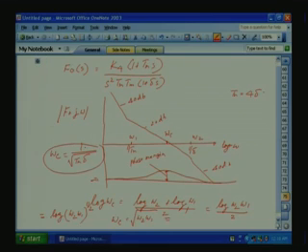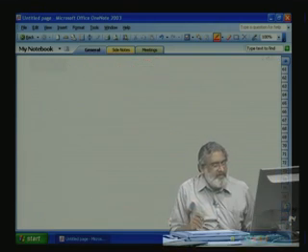Now we have to find out Kn, knowing that at omega c the gain is 1. Let us go to the next page and find out the values and then the phase margin.